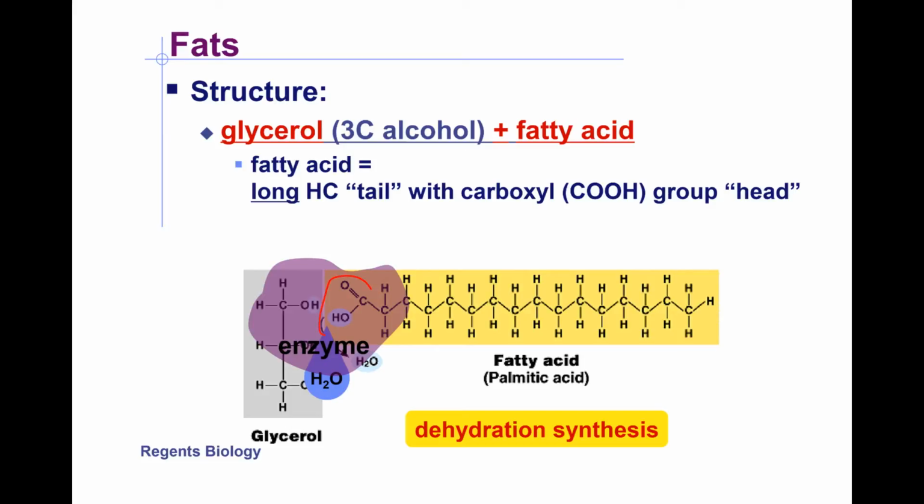So on this diagram, this structure right here, that C that's double bonded to an O and then bonded to a hydroxyl, that is called a carboxyl group, and it's an acid. Okay, so that's where the name fatty acid tail comes from.